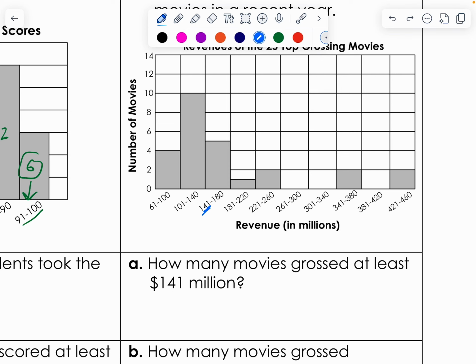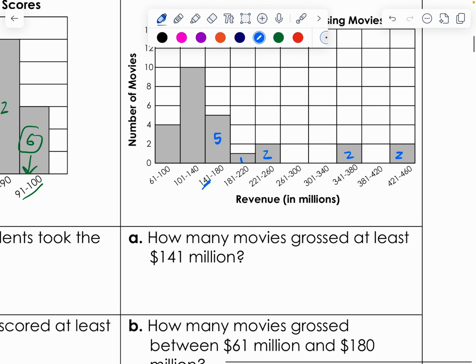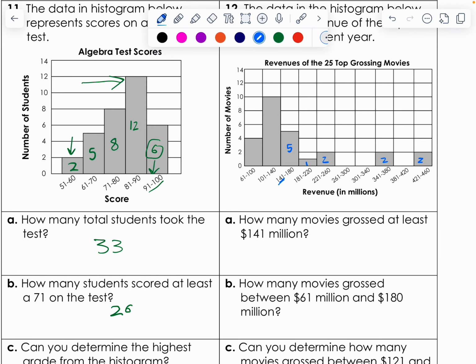So how many movies grossed from 141 million to 180? It's between 4 and 6, so 5. And then 1, and then 2, and then another 2, and then another 2. So if we add all of those bars up together, we see that there were 12 total movies that grossed at least 141 million.